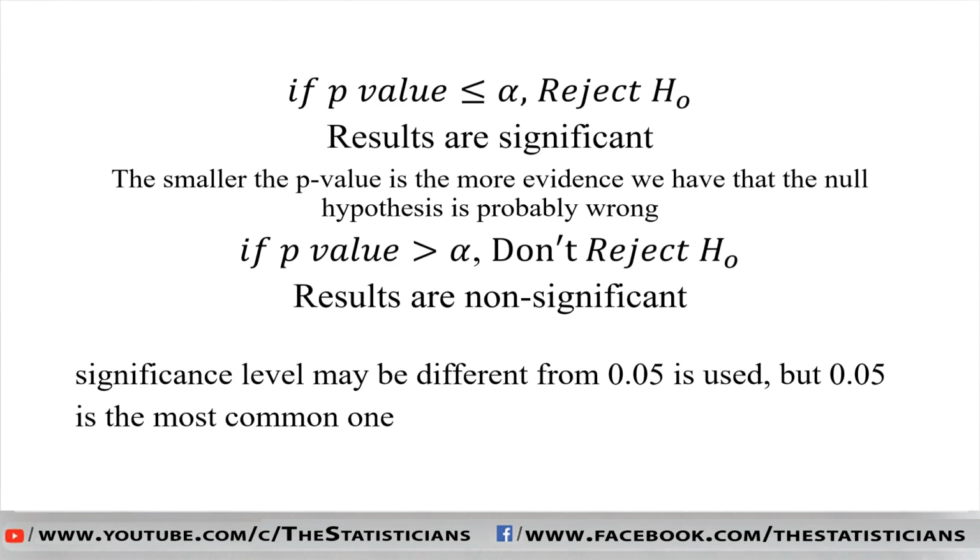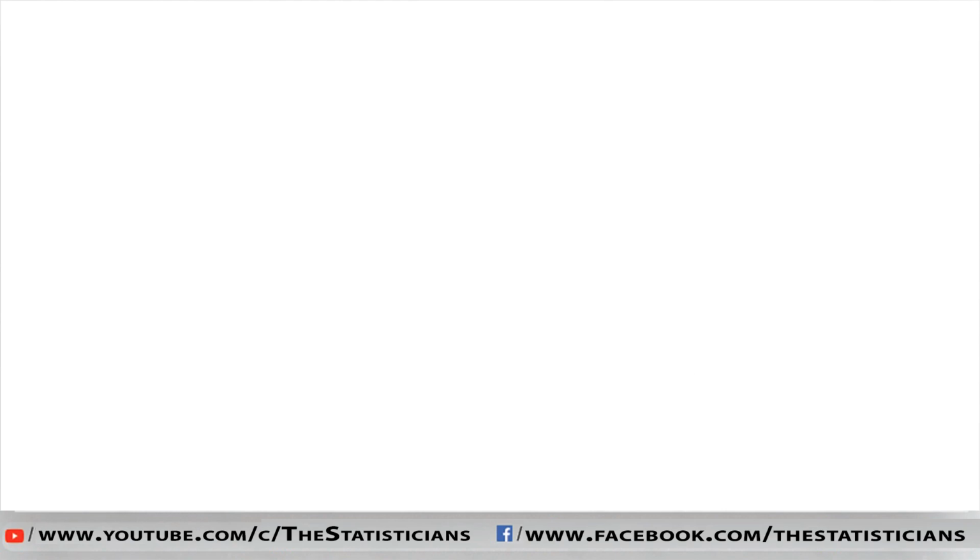Basically, the convention that many scientific disciplines follow is that to have enough evidence to reject a null hypothesis, your results need to be no more than 5% likely if the null hypothesis is actually true. Any more than that and we say we don't have enough evidence to reject the null hypothesis, and any less than that and we say that we do have enough evidence to reject the null hypothesis.